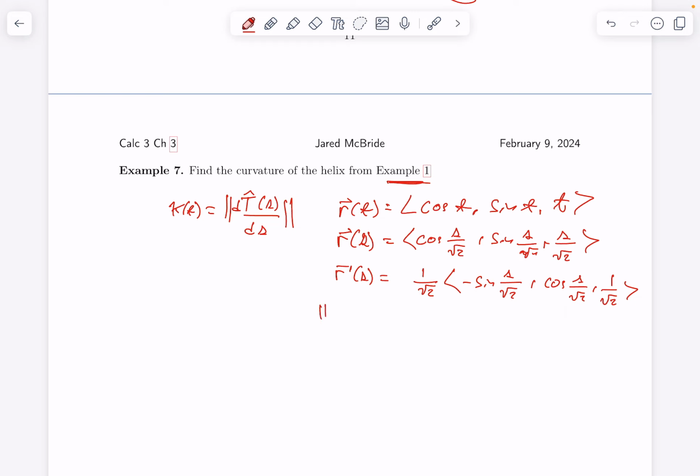So the magnitude of this, so that I can get my tangent vector, is going to be 1 over radical 2, which comes out of the norm, out of the magnitude operator.